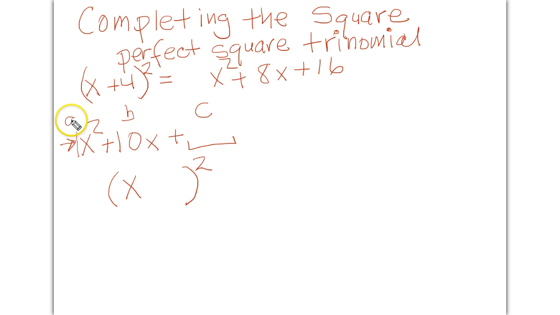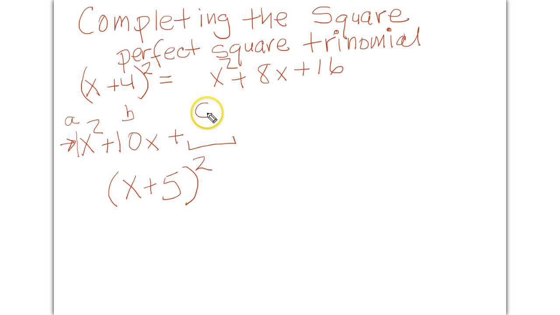That is our a term. So how do we find our b term? Once again, we take half of what we have. Well, we doubled it. Now we take half. So half of 10 is 5. And we use that middle sign there. This is going to be a plus.